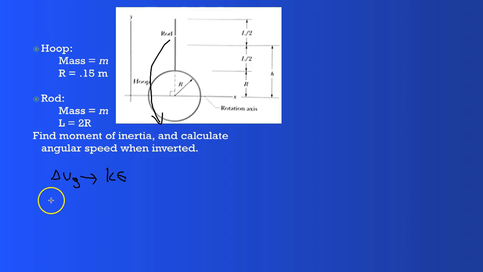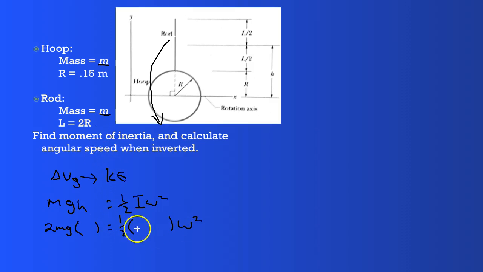We have a rod with mass m and a hoop of mass m, so they have a combined mass of 2m. So in our potential energy equation we put 2m times g times h. We don't know what h is yet. And for kinetic energy, since it's rotating, that would be rotational kinetic energy, 1/2 I omega squared. So we need to figure out what I is, and then we can solve for omega.